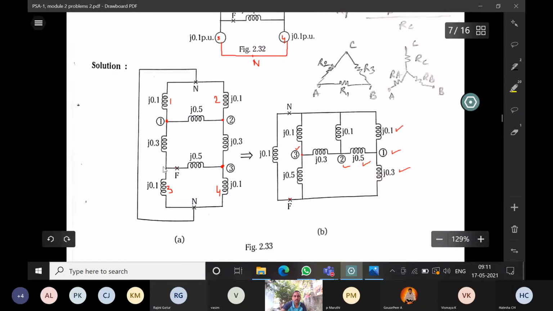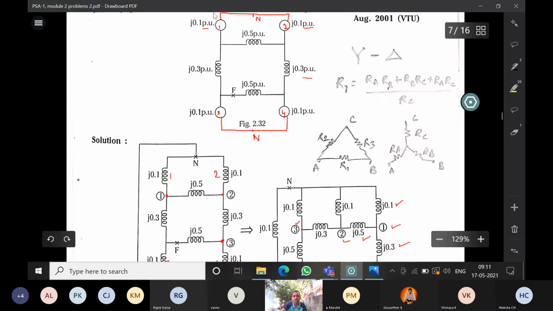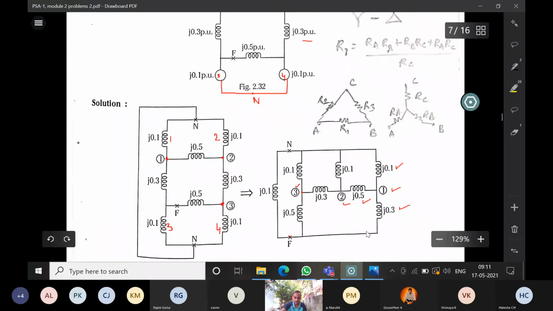So from the fault point to the neutral point, there is another reactance, that is point 1. So now we need to simplify this circuit. Because we need to calculate short circuit MVA, the voltage sources are shorted here, only reactances are present.